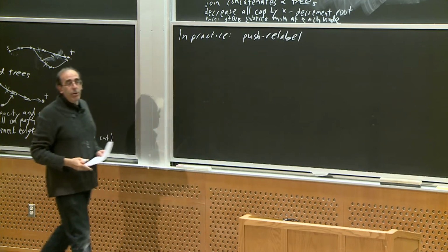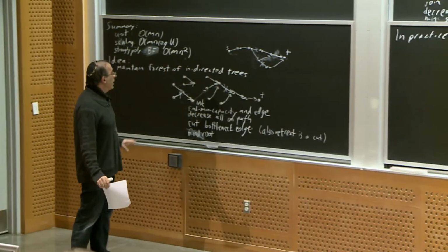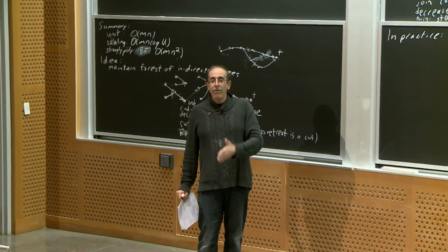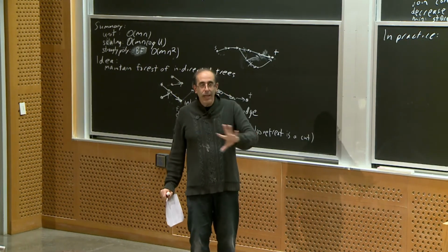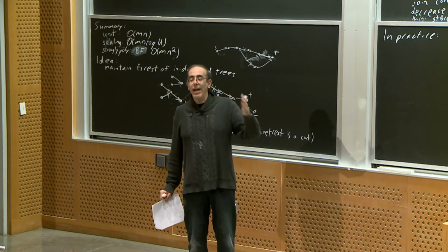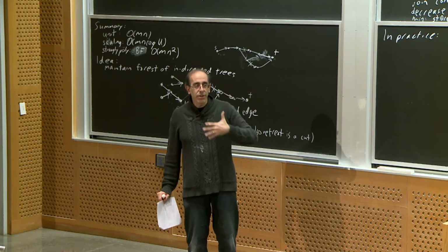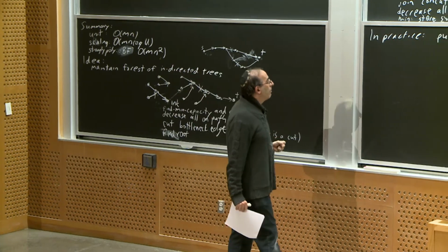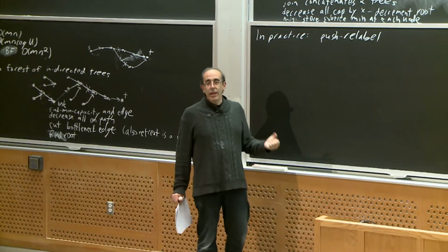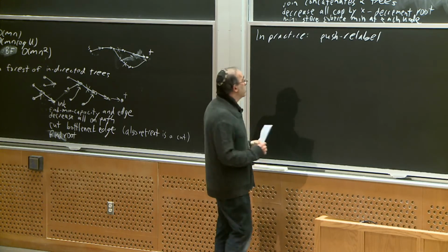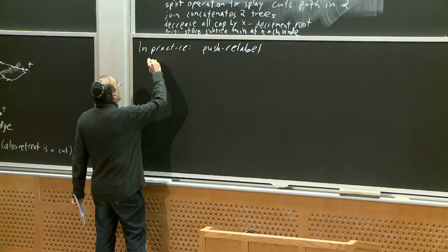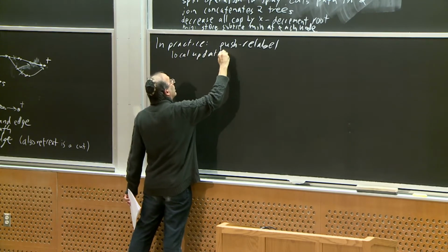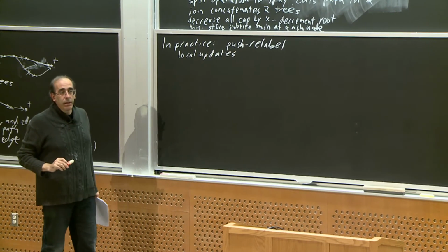The idea of push relabel is that somehow we're being a little too rigid in defining these layered graphs and then carefully doing a blocking step to get to the next layer graph. And at each layer, we use a breadth first search to recompute the distances and so on and so forth. In push relabel, instead of having this notion of separate phases, you have local updates to both flow and distance.